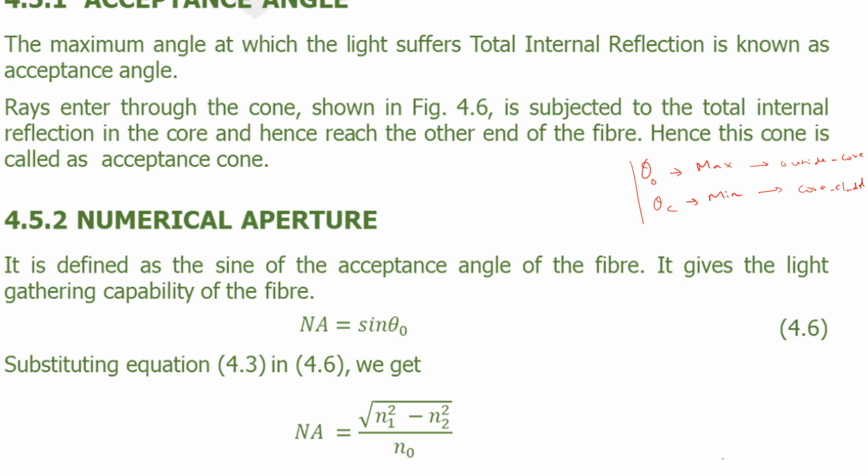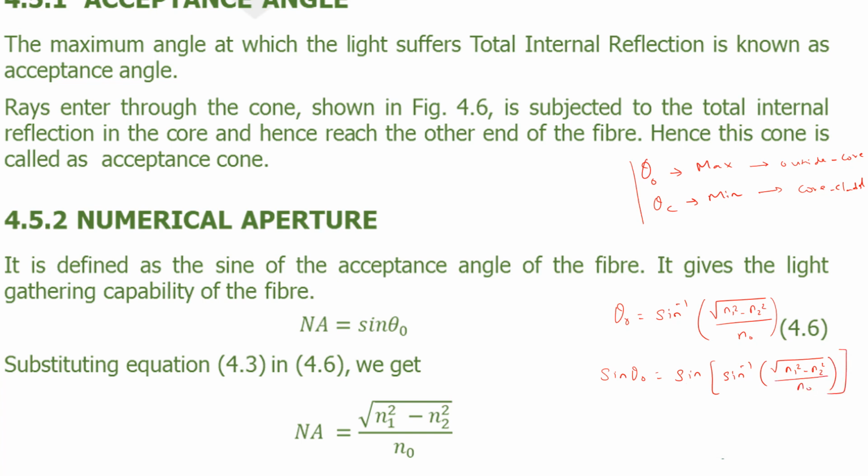That is, theta naught, we calculated it as sin inverse of square root of n1 square minus n2 square by n0. This is what we calculated. Now what we want is sin theta naught. So sin of sin inverse square root of n1 square minus n2 square divided by n0.